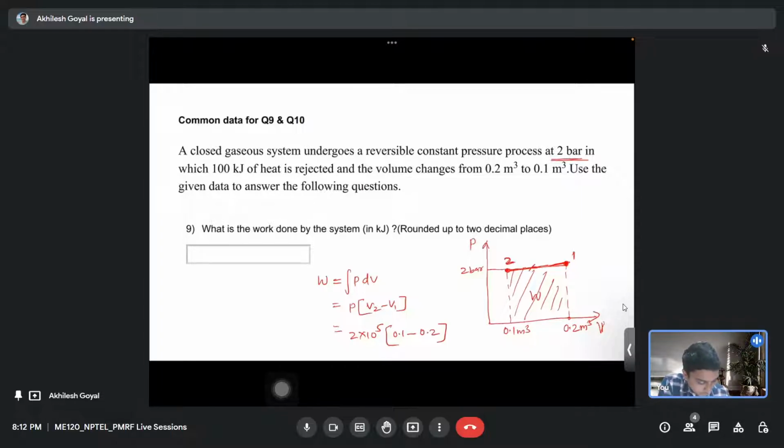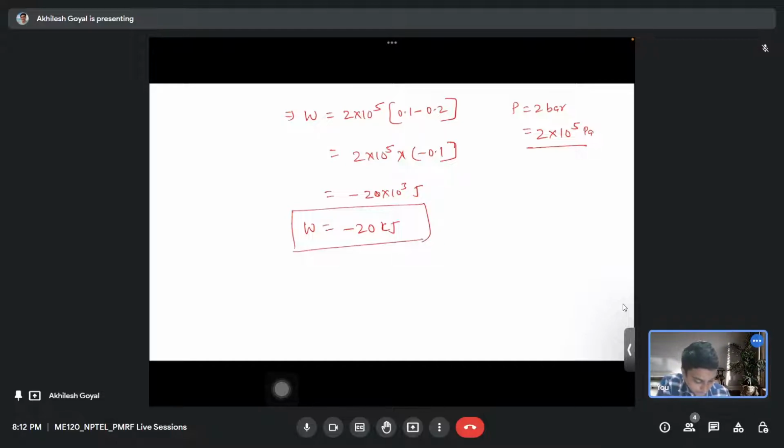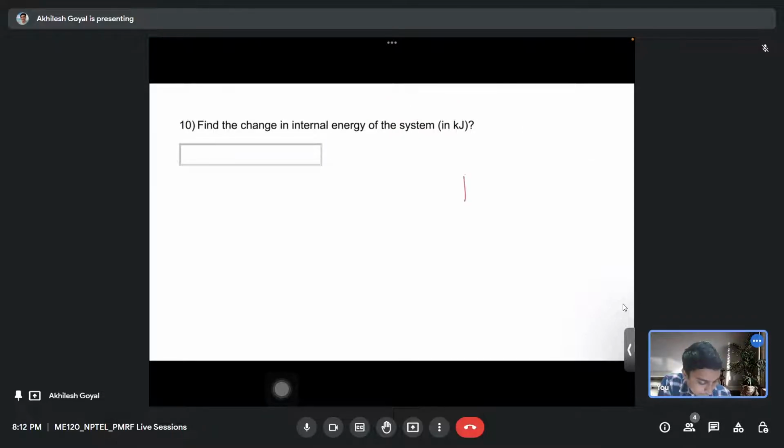Okay, so come to the next question. Here let's assume this is our system, and heat Q equal to 100 kilojoule is rejected, and work W equal to 20 kilojoule is done on the system. So what is the change in internal energy of the system?